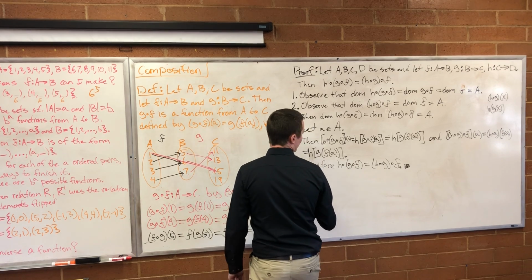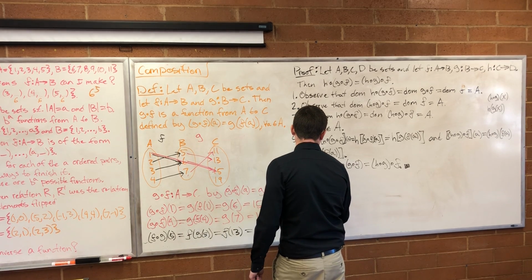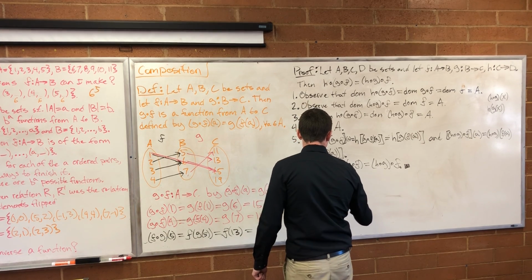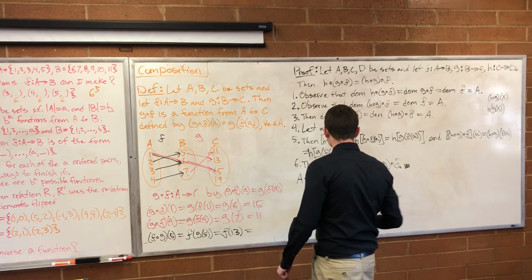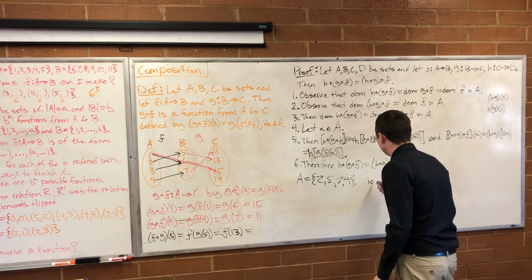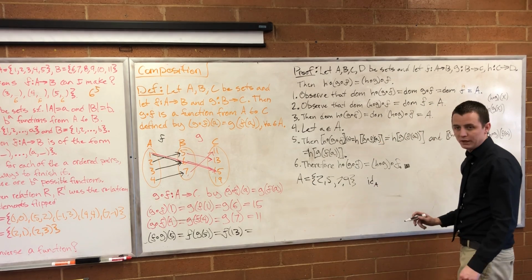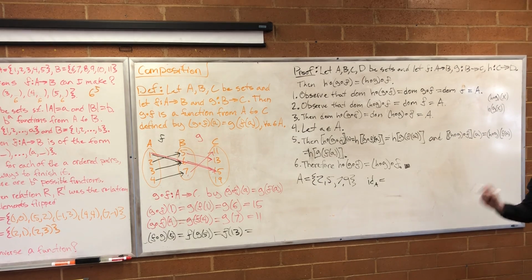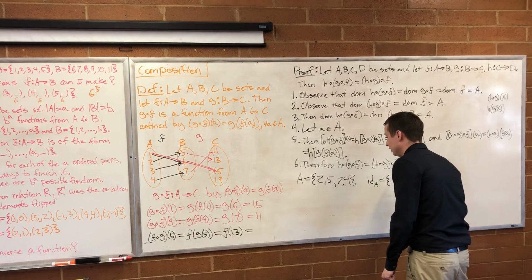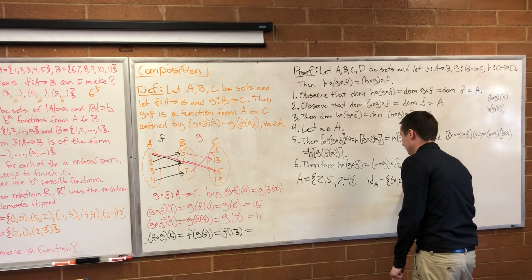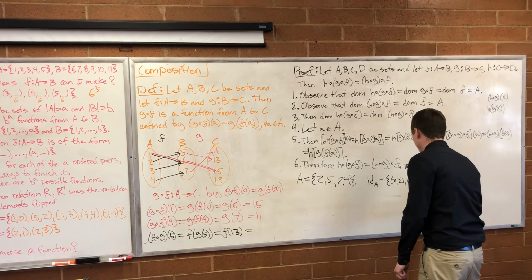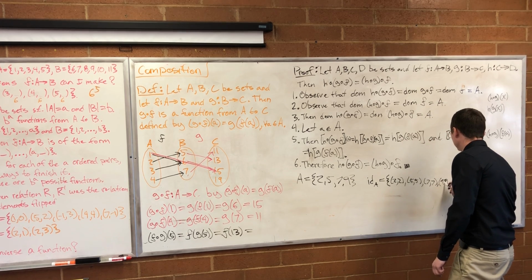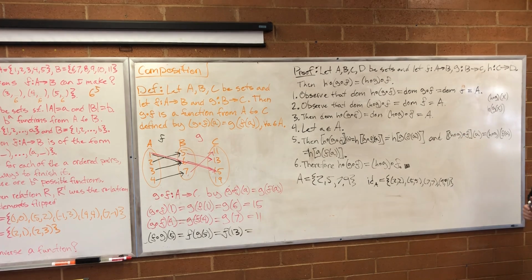So if A is equal to, give me a set, 2, 5, 7, 9, then the identity function on A, id sub A, is the one and only function that maps everything in A to itself. So 2 goes to 2, 5 goes to 5, 7 goes to 7, 9 goes to 9. Can't we do this in? Yes.